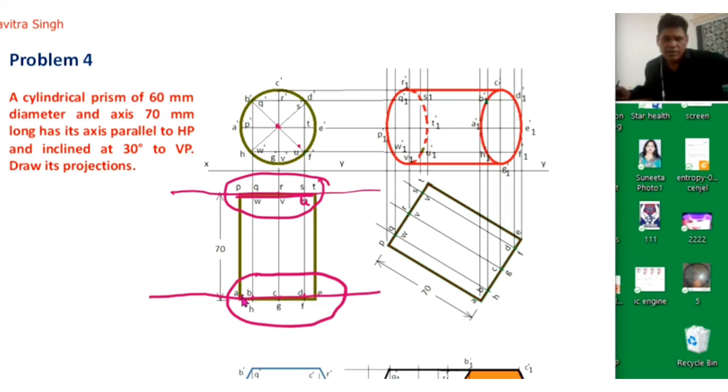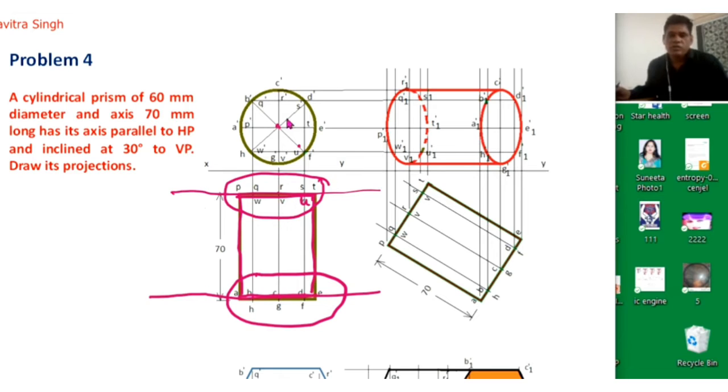So we will get this line for the top surface. So top surface will be this, bottom surface will be this, and this will be the circumference, means the periphery of the cylinder.